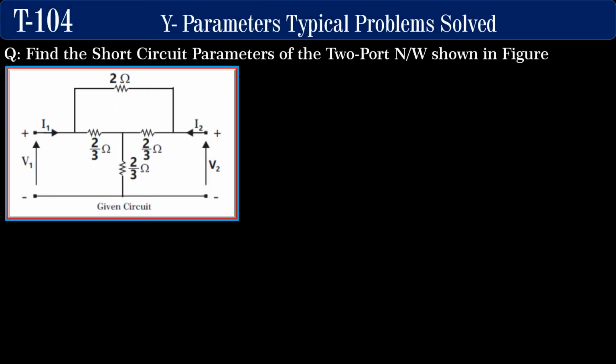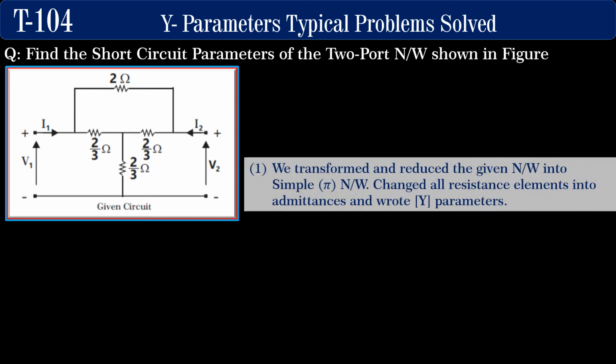Friends, in the previous discussions, we have solved this problem by 3 methods to find Y parameters. In the first method, we transformed and reduced the given network into simple pi network, changed all the resistance elements into the admittance form, and wrote the Y parameters.